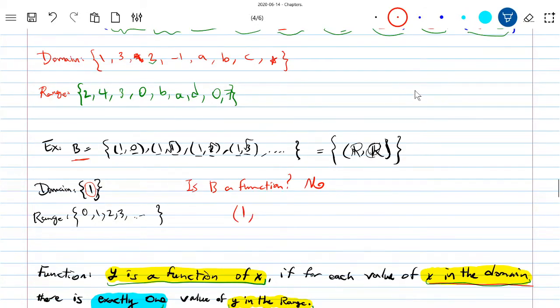And if I ask you what is the corresponding range value, it could be 0, it could be square root of 1 or 1, it could be 2, 3, and so on. So there are multiple answers, 0, 1, 2, 3, and so on. It's not a unique y value. So for this x value of 1, I have multiple y values. So this set B is not a function.